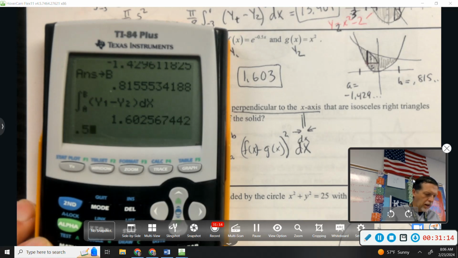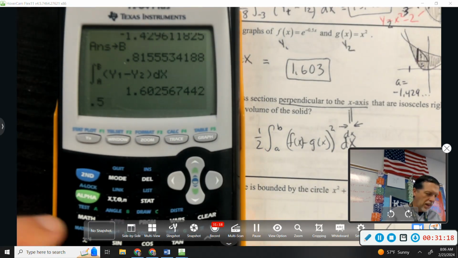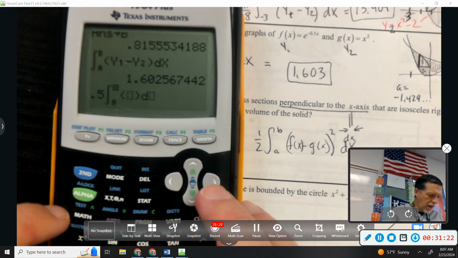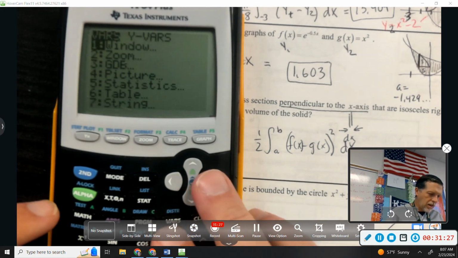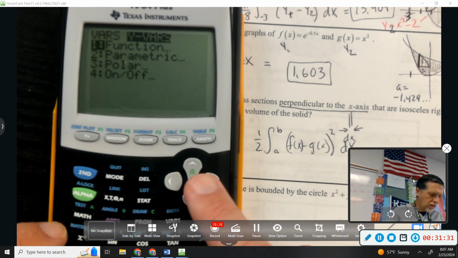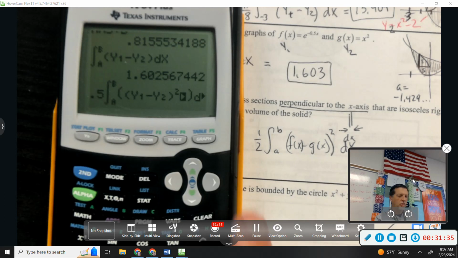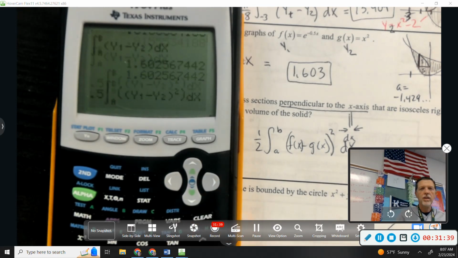Try this again. I'm just going to do a 0.5 out front instead of a 1/2. I mean, that's the same thing. Math 9. We stored A and B, so that's nice. And then Y1 minus Y2. Make sure that's in parentheses so that you square Y1 minus Y2 dx.